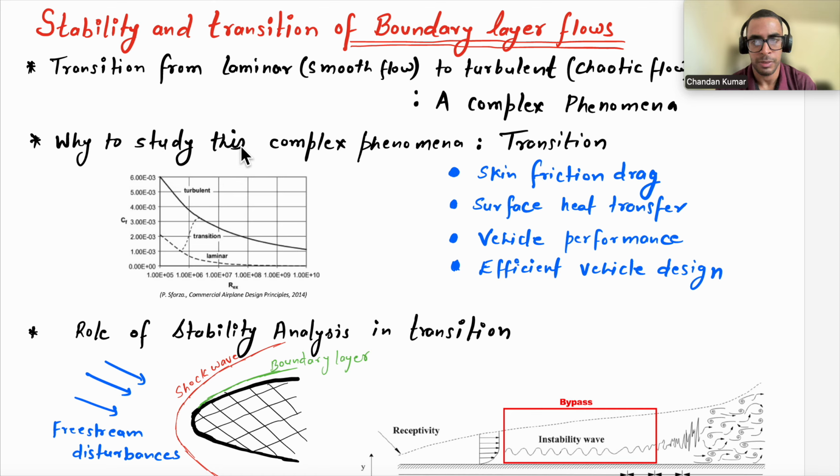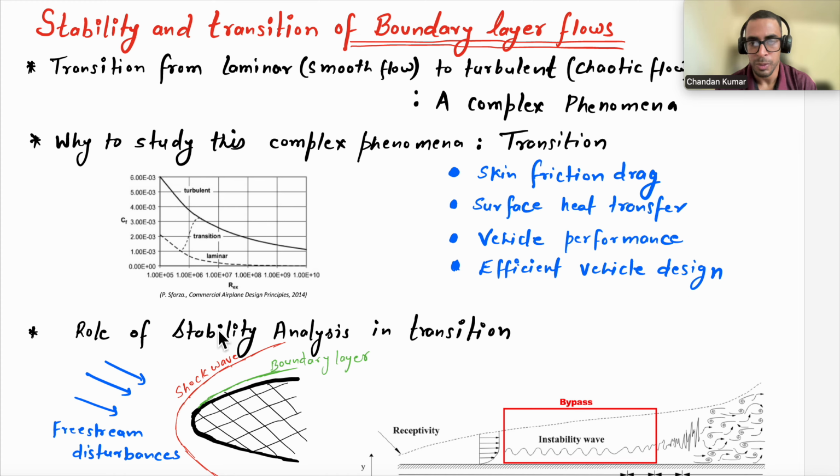And one of the reasons to study this complex phenomenon is that, as you can see in the figure over here, as the flow moves from laminar to turbulent, as it transitions, the skin friction drag increases very significantly, and there is an increase in surface heat transfer, and that changes the vehicle performance. And if we can predict the transition accurately, we can design a very efficient vehicle.